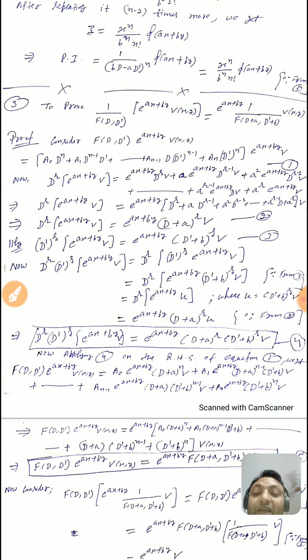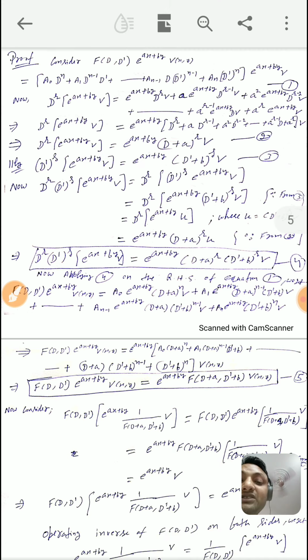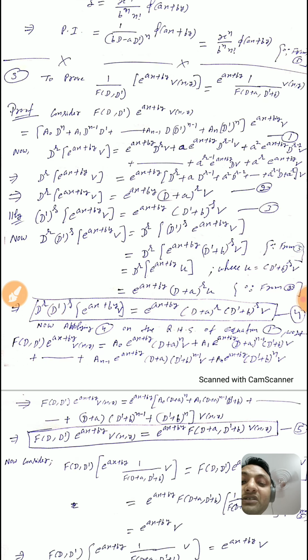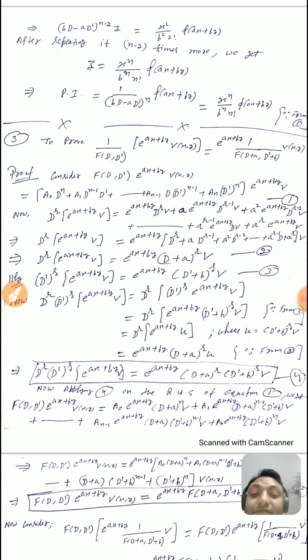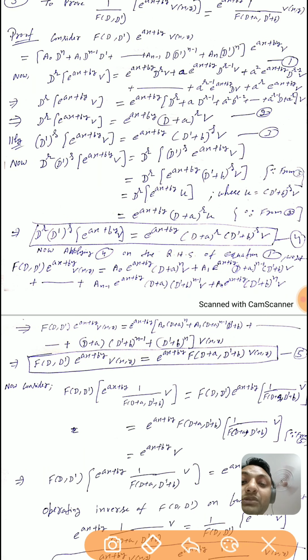And now we are combining these two results. That is, when we apply these results together, d power r into d dash power s operating on e power ax plus by, firstly we keep d power r as it is, and we apply d dash power s on this function.